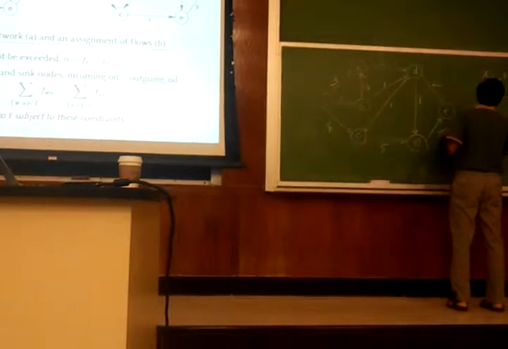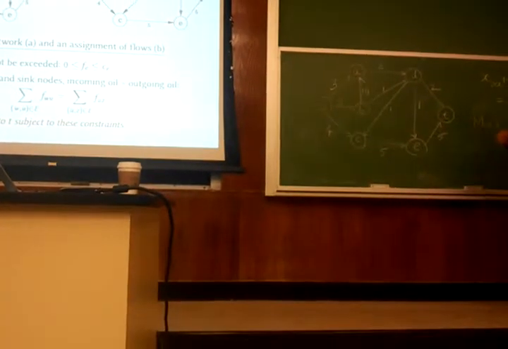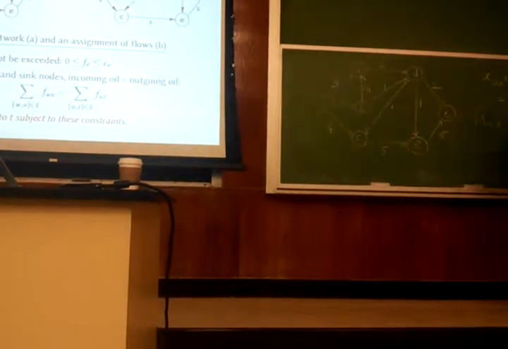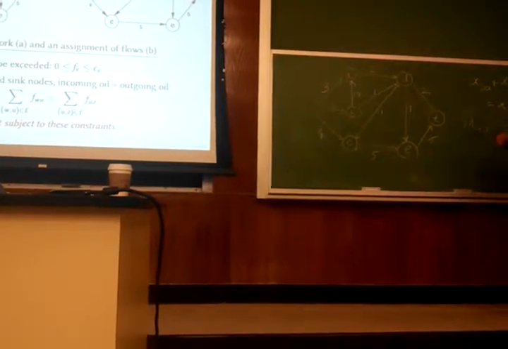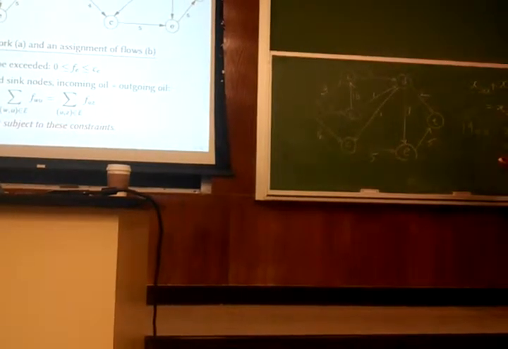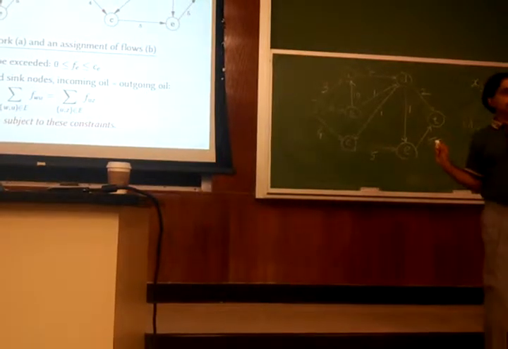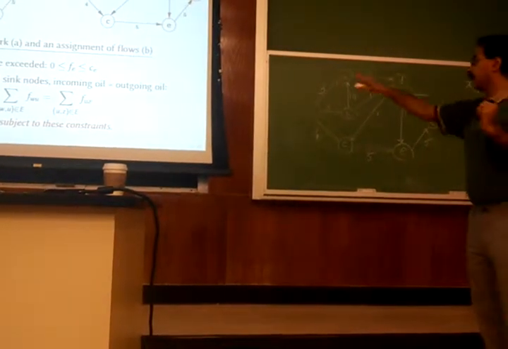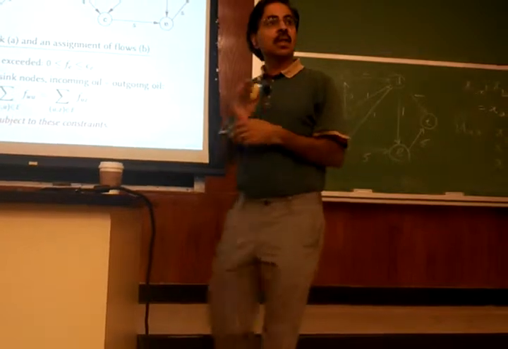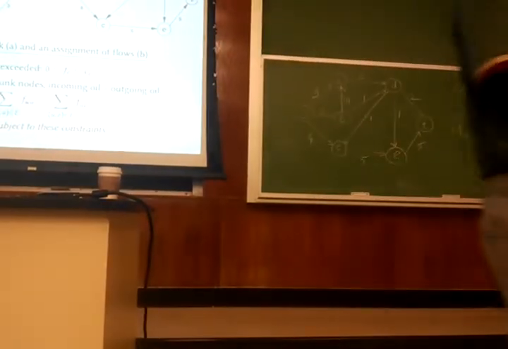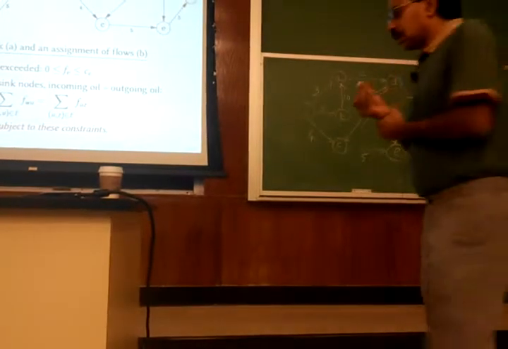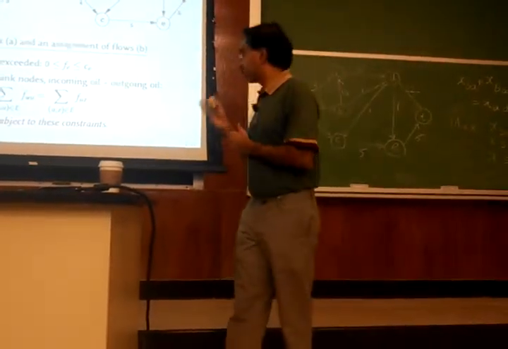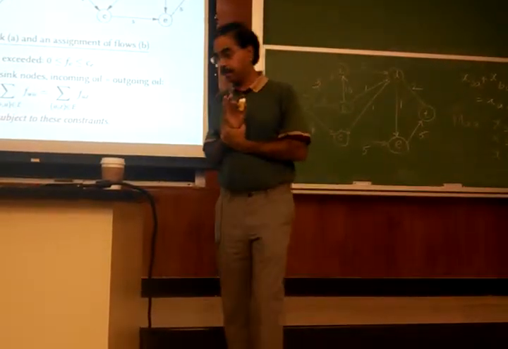So your objective in the linear programming problem is to maximize x_SA plus x_SB plus x_SC, subject to a bunch of constraints, and a linear programming solver is going to come up with a solution for it.